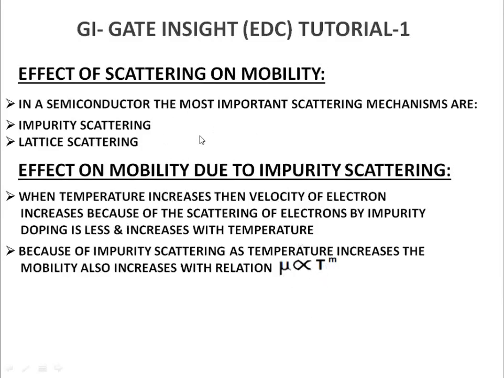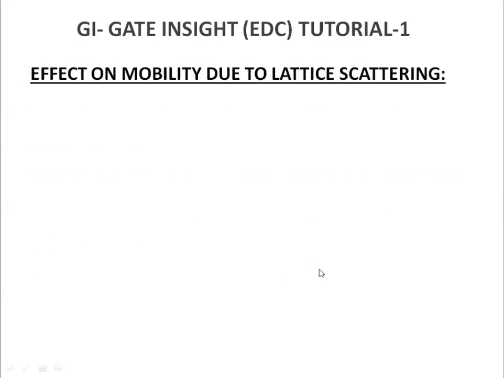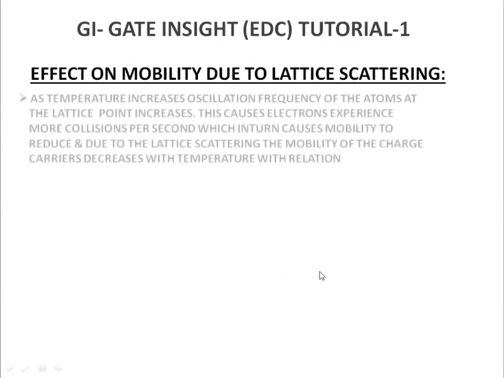But now we are talking about the scattering effect, and in impurity scattering we have a proportional relation, T to the power of M. There is no minus M. Remember that. So in impurity scattering, mu is proportional to T to the power of M.